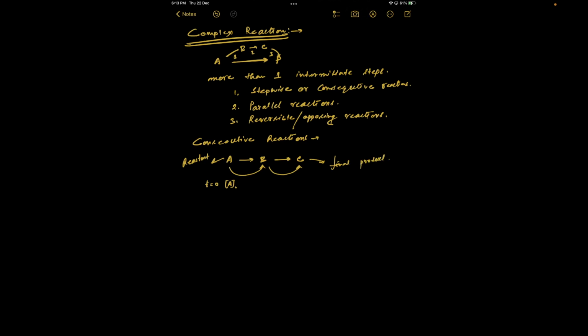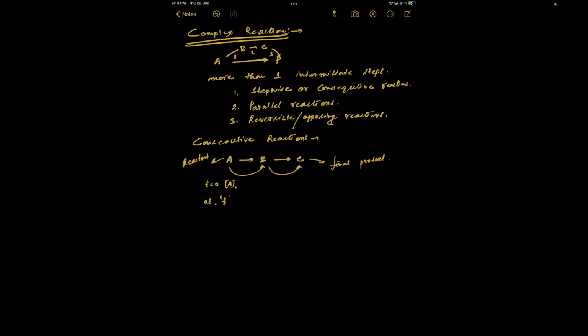At time t equal to 0, the concentration of B and C will be 0, only the concentration of A will be there, which is A0. And at time t, A will be disappearing and B and C will consecutively be formed.